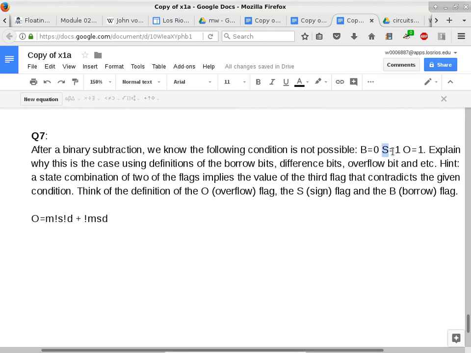So the sign flag is the sign of the difference, right? So which one of these conjunctions has a chance of becoming a 1 if d is, remember, the sign is the most significant bit of the difference. Which one, the first one on the left-hand side or the right-hand side, has a chance to become a 1 when the most significant bit of this difference is a 1?